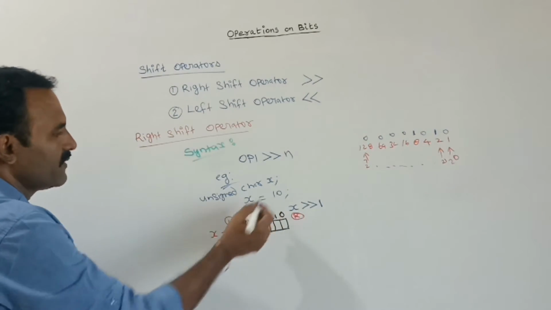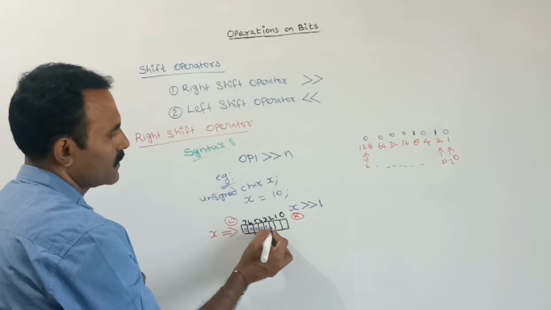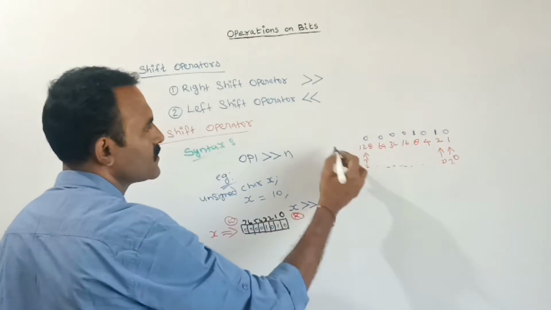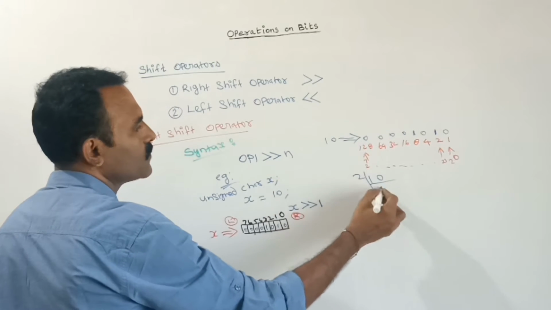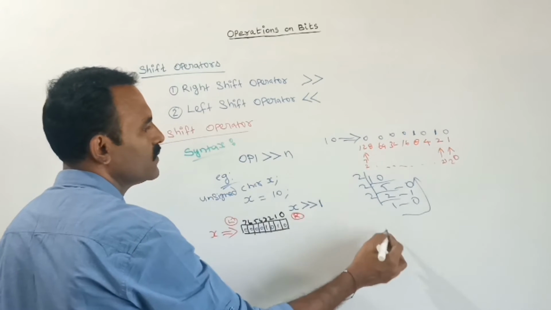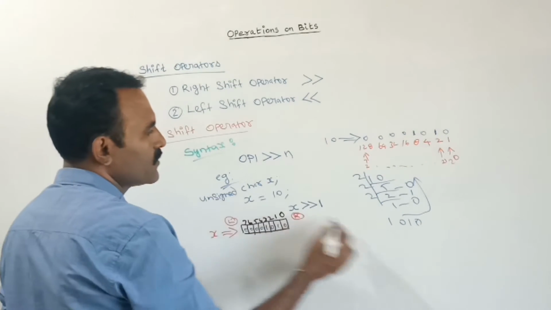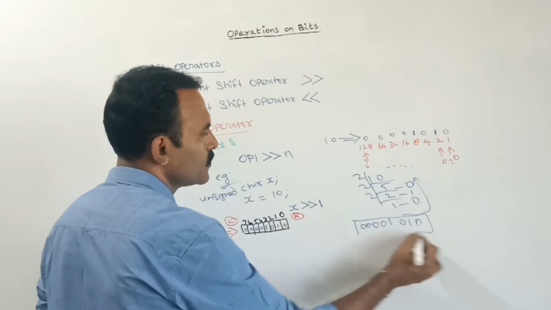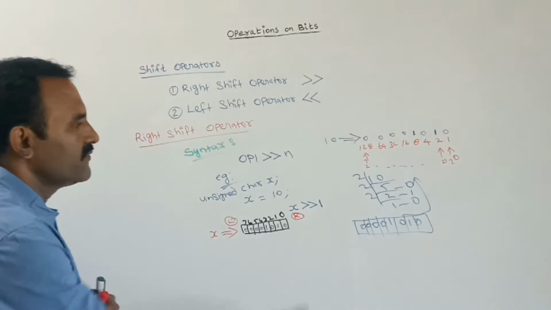So the binary value of 10 is 0, 0, 0, 0, 1, 0, 1, 0. Otherwise you can convert like this also: this is 1010, the binary value of 10. As this x operand is 8 bits, the remaining 4 bits in front of this we should put as 0. So this is the binary value of 10.